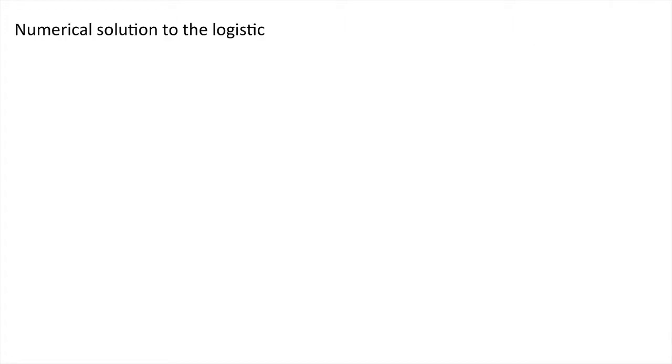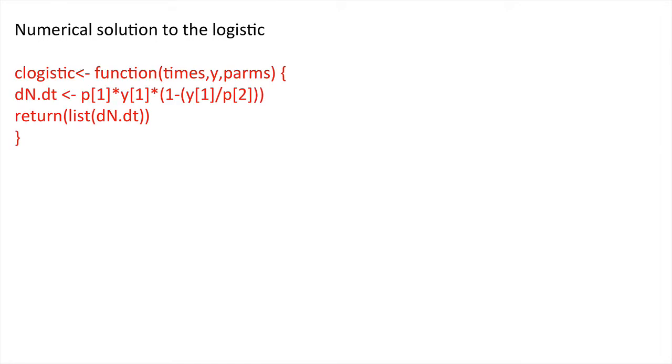So here's how we find a numerical solution to the logistic equation. First of all, we have to define our function of the continuous time logistic, and here it is. There's the function defined strictly in terms of times, y and parms, as the ODE solver requires.